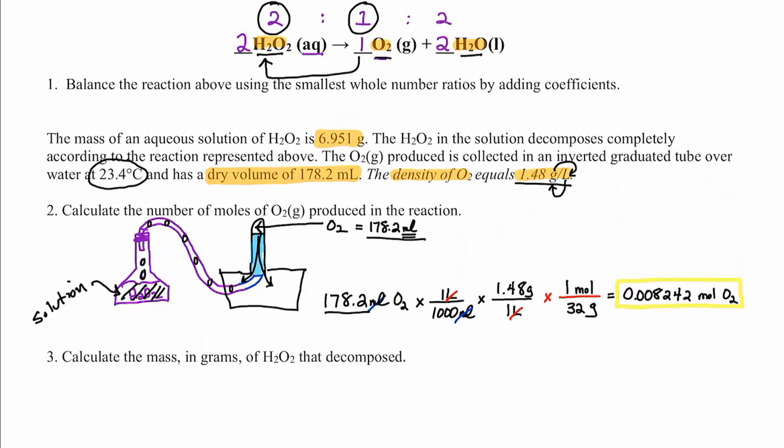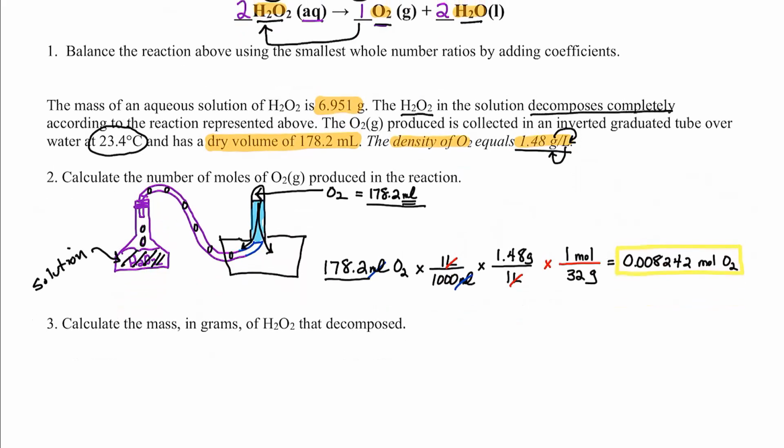Remember, we answered how many moles of O2 would be produced given that they said the H2O2 completely decomposes. So all of that chemical in that solution, meaning water is going to be left over, breaks apart into water. So we're going to work backwards. This is how much oxygen we produce if all of that decomposes. So can't we calculate backwards? We sure can. If you know how many cookies you want to make, can't you figure out how much flour you need to make them? Sure, that's what's happening here.